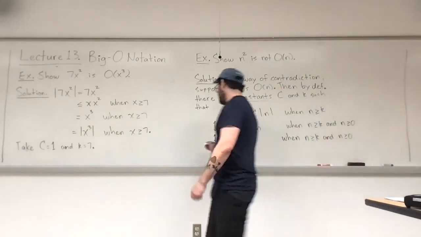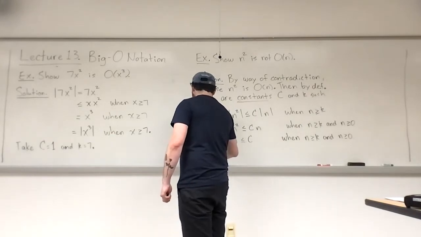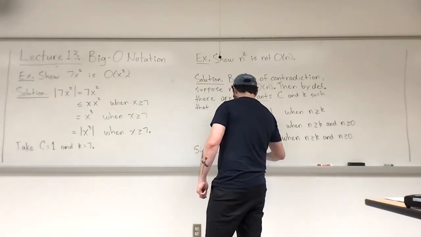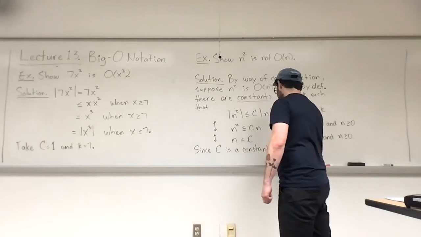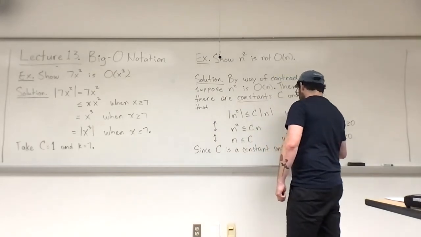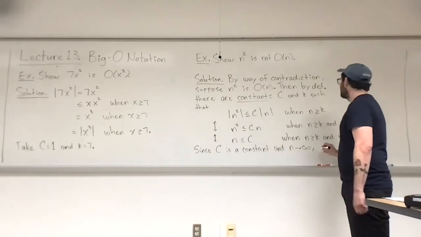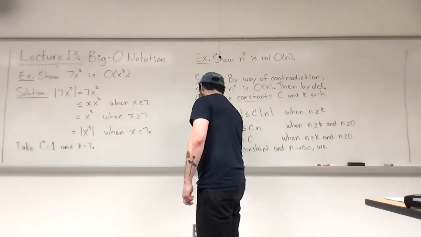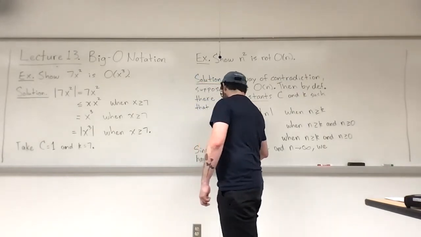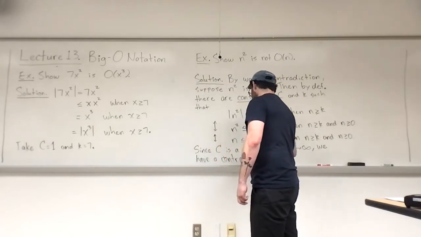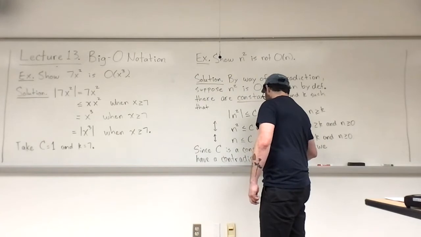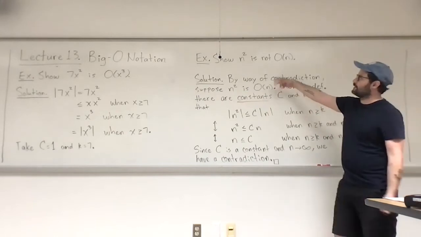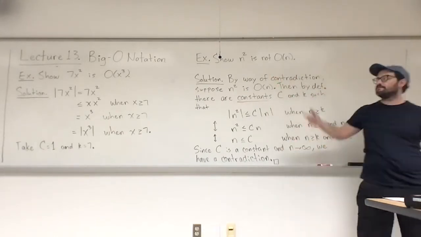So since c is a constant, and n goes to infinity, we have a contradiction. And it is a proof. So assuming the opposite of this leads to a contradiction, so the original statement must be true.